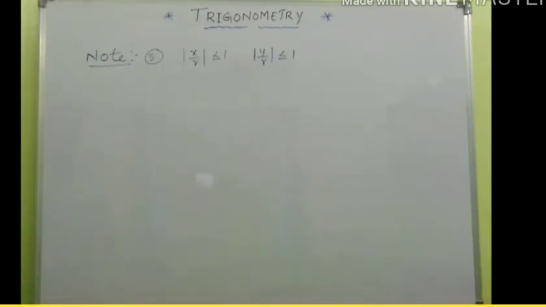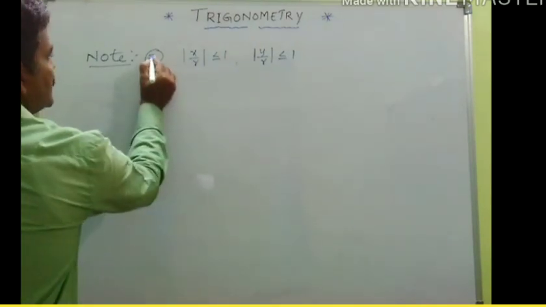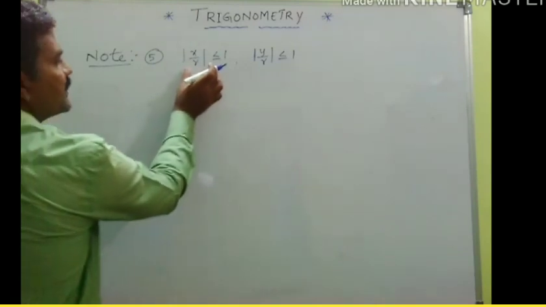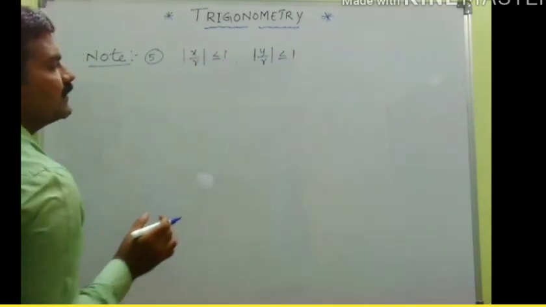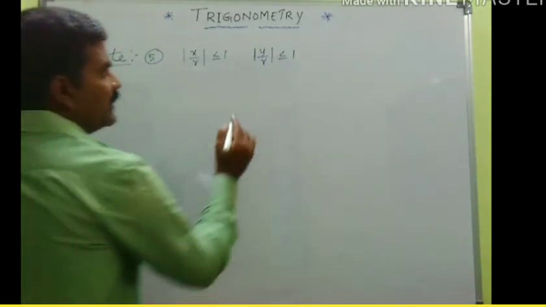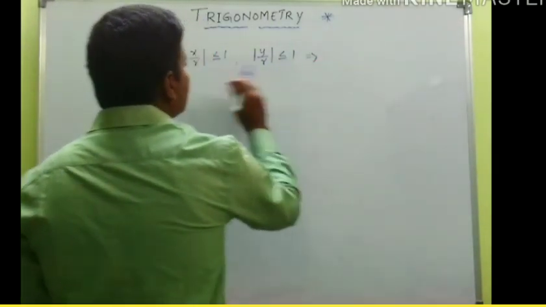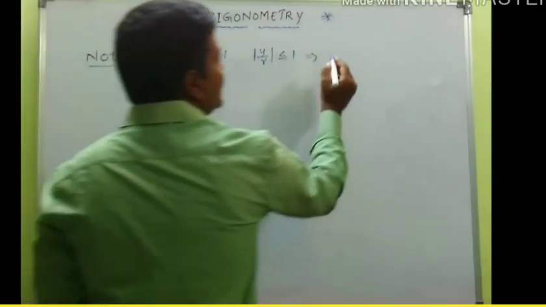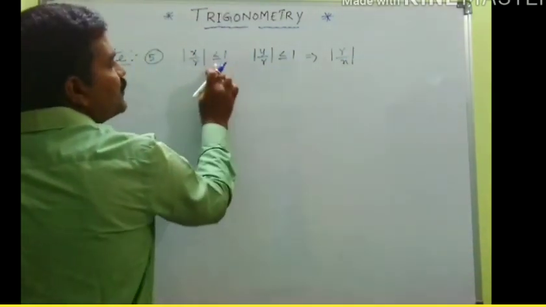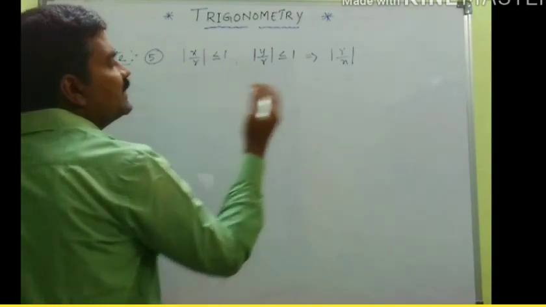Coming to note number 5, using the previous result: in note number 4 we got that modulus of x by r is less than or equal to 1 and modulus of y by r is also less than or equal to 1. From this, if I take the reciprocal, that is modulus of r by x, then the inequality gets reversed.